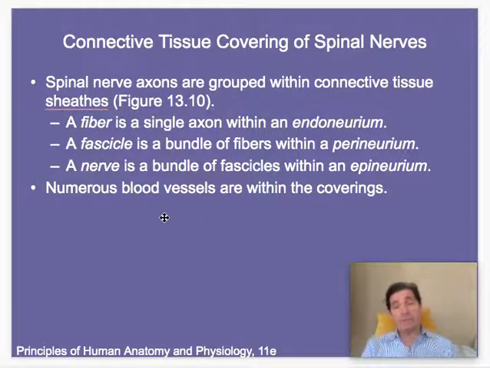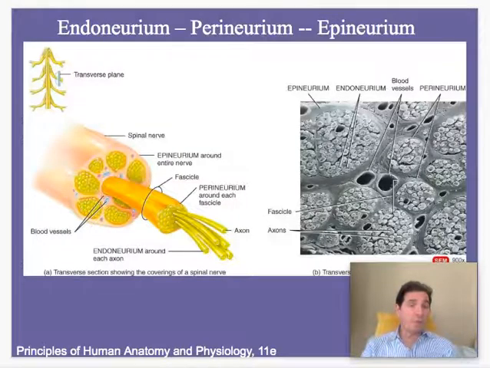Well, here's the thing. I mentioned that the nerves themselves, the neurons, and the spinal cord do not actually have blood vessels, but nerves do within the coverings. Remember, most of the time when we look at coverings, they're made up of epithelial tissue and connective tissue.